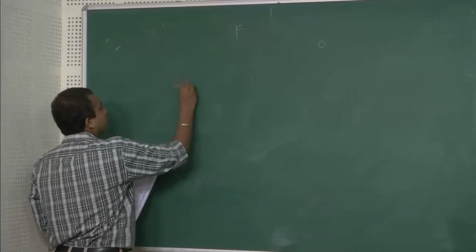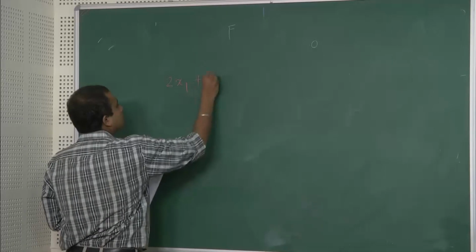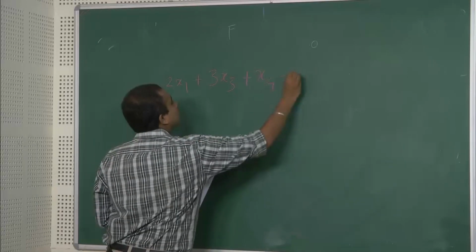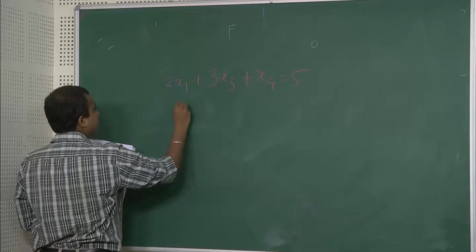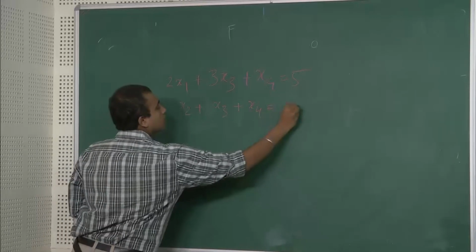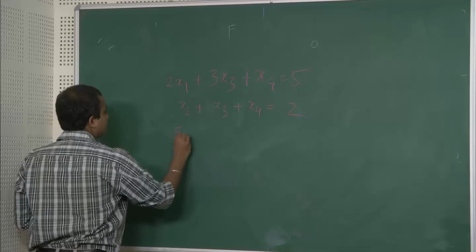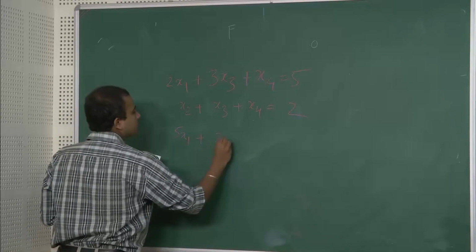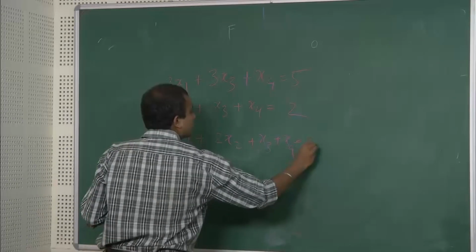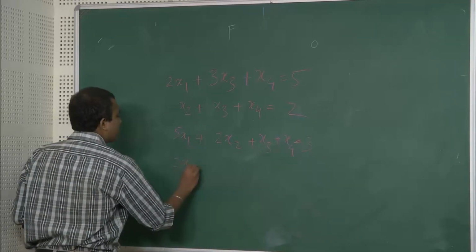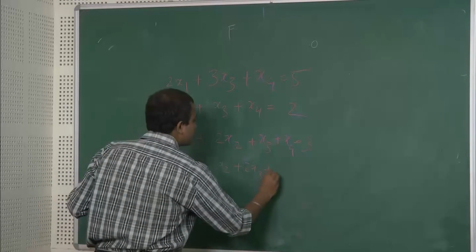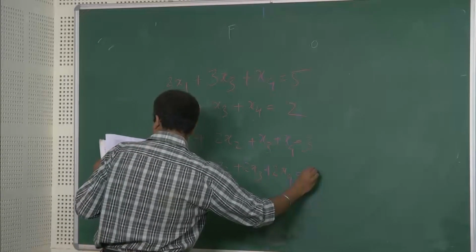2x1 plus 3x3 plus x4 equal to 5, x2 plus x3 plus x4 equal to 2, 5x1 plus 2x2 plus x3 plus x4 is equal to 3, 2x1 minus x2 plus 2x3 plus 2x4 equal to 5, is it?